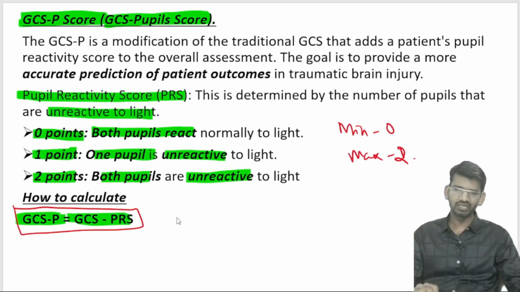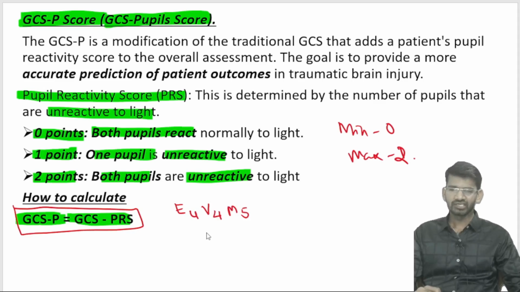For example, a patient's GCS score is E is 4, V is 4, and M is 5, and the PRS, the pupillary reaction score, is 1.